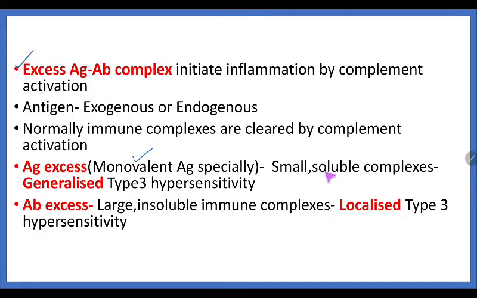That small soluble complex will go entire to the body and cause generalized type 3 hypersensitivity reaction. In case of antibody excess, antibody will be larger, and thereby it forms larger insoluble immune complex that will not travel all through the body, where rather it causes localized type 3 hypersensitivity reaction to be noted. Antigen excess generalized, antibody excess localized.